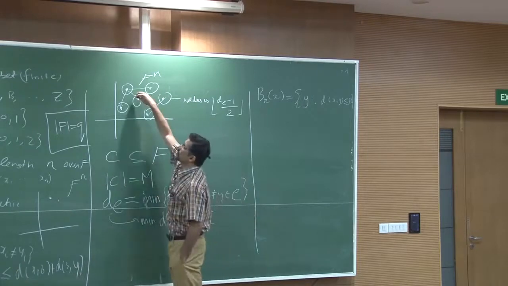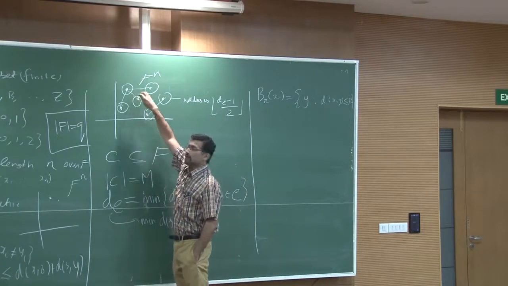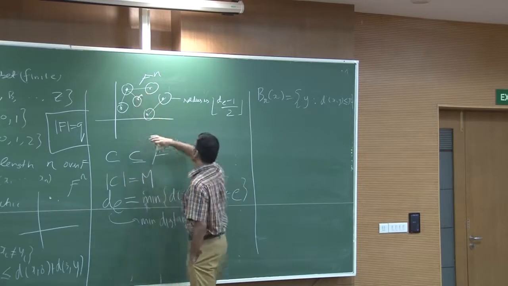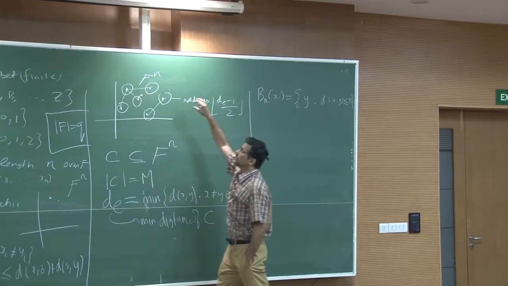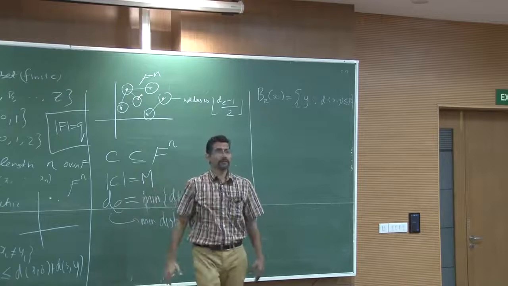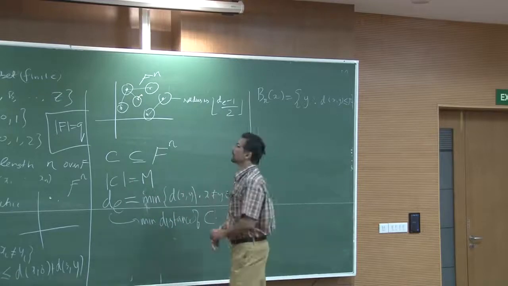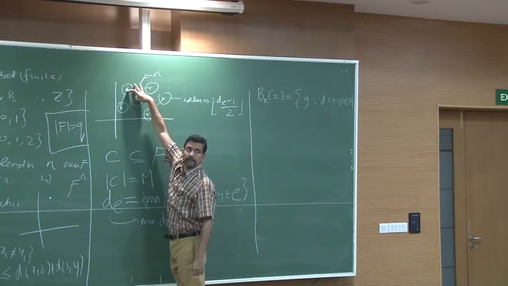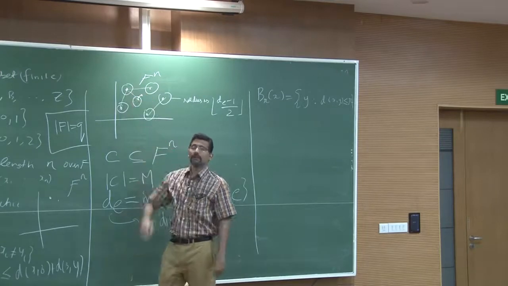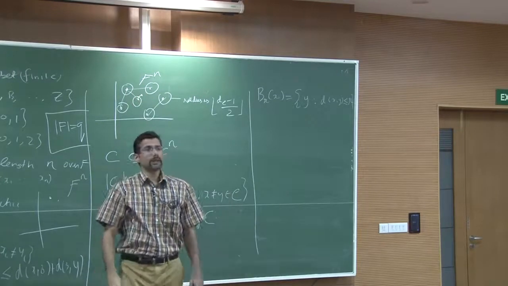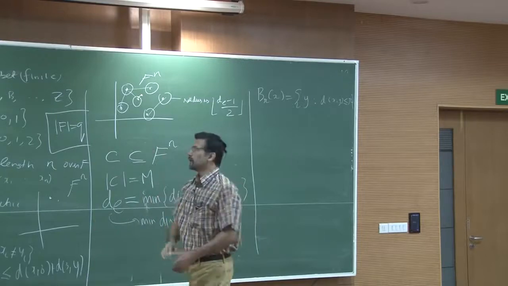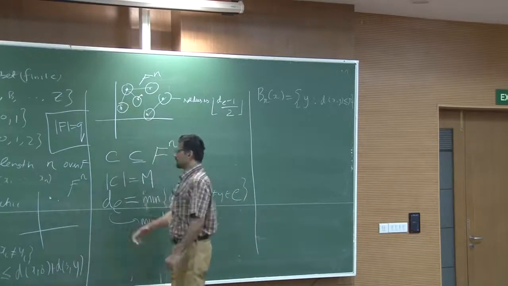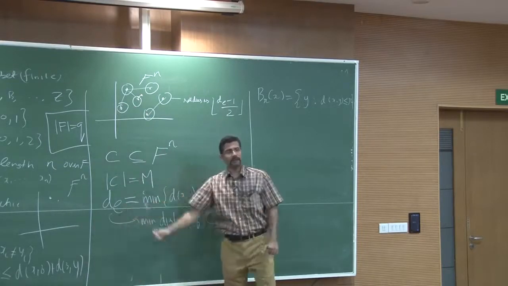Suppose these two balls had an intersection. Since this radius is less than half of d minus 1, and this radius is less than half of d minus 1, the triangle inequality would imply that the distance between these two ball centers, if they had an intersection, would be less than or equal to d minus 1, which is not the case. Why? Because any two ball centers are at least d(C) apart.